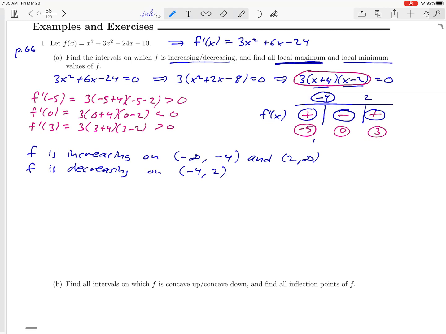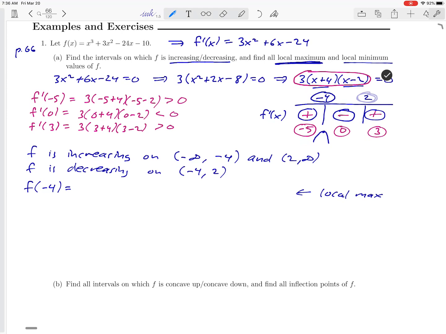Notice that we've got a plus sign to the left and a minus sign to the right, which tells us that our function is going up to the left and down to the right. Notice that we've got a local max in the middle. So f of -4 equals some number that we're going to figure out is a local maximum. We'll leave some space so we can do that calculation in a minute.